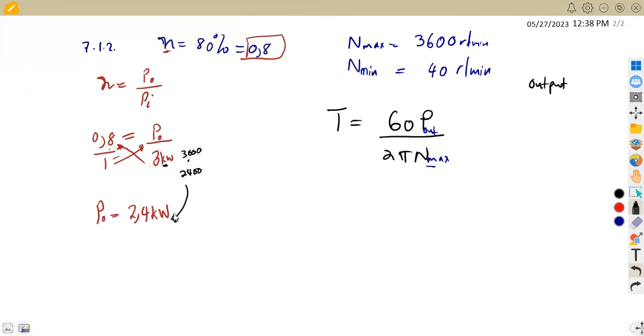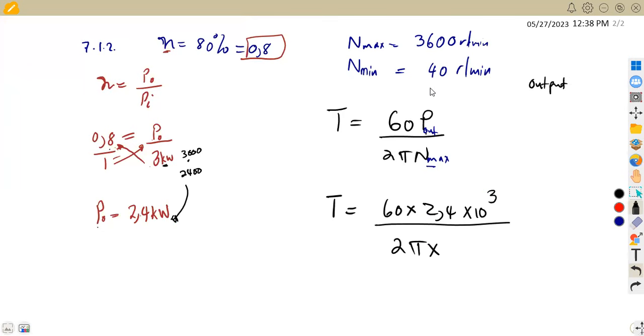Okay. Having the output power, we can calculate our torque, because we are saying it is equal to 60 times the output power of 2.4 kilowatts, which is 2.4 times 10 to the exponent of 3, over 2π n, which is 2π times the n max.